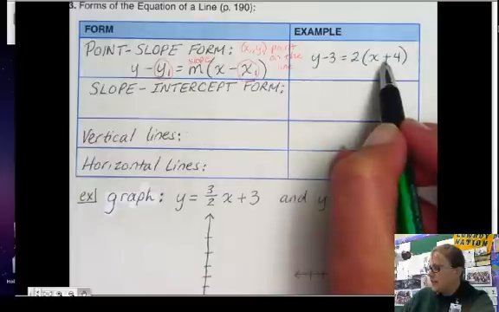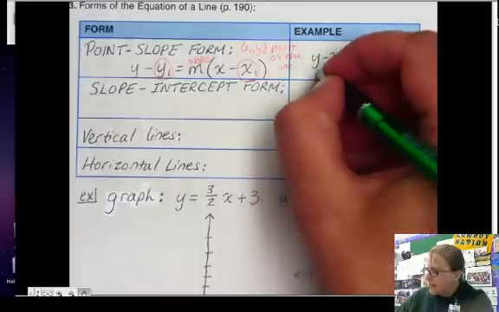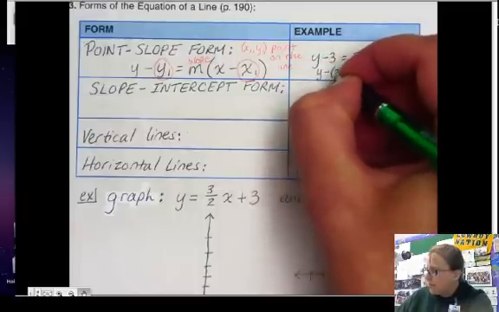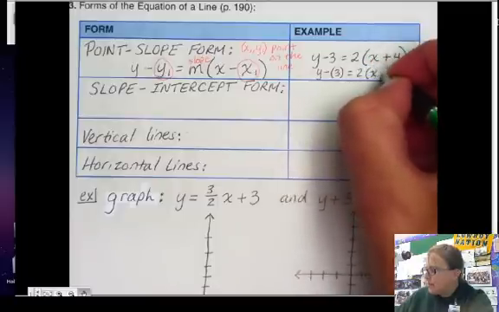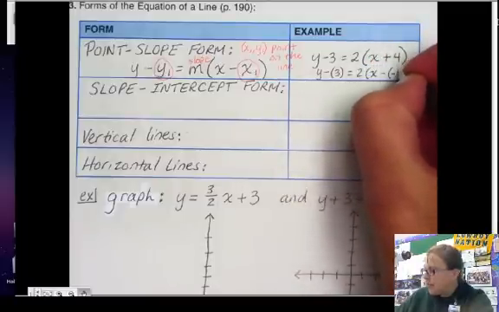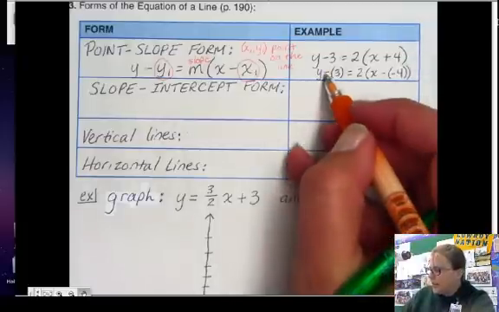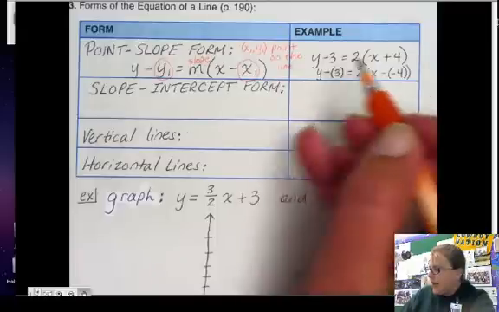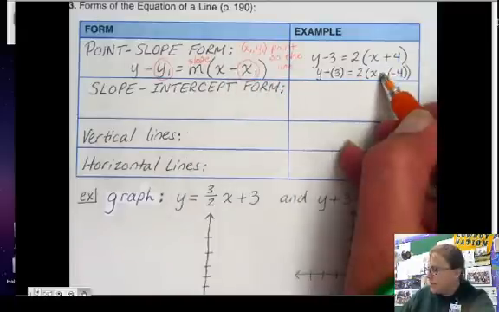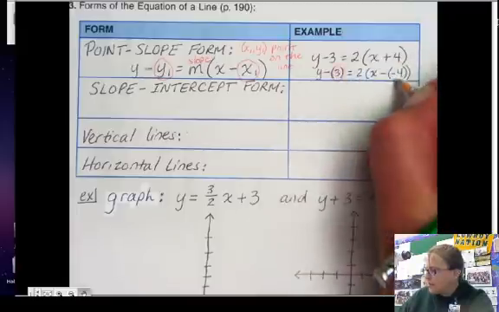And notice that this one has a plus 4, and you can think of this one as, so let's rewrite this as y minus 3 in parentheses equals 2 parentheses x minus a negative 4. So you'll see that what we did is we rewrote it so that the minuses here is the same as the minus here, and the minus here is the same as the minus here. So that helps us know what our point is.